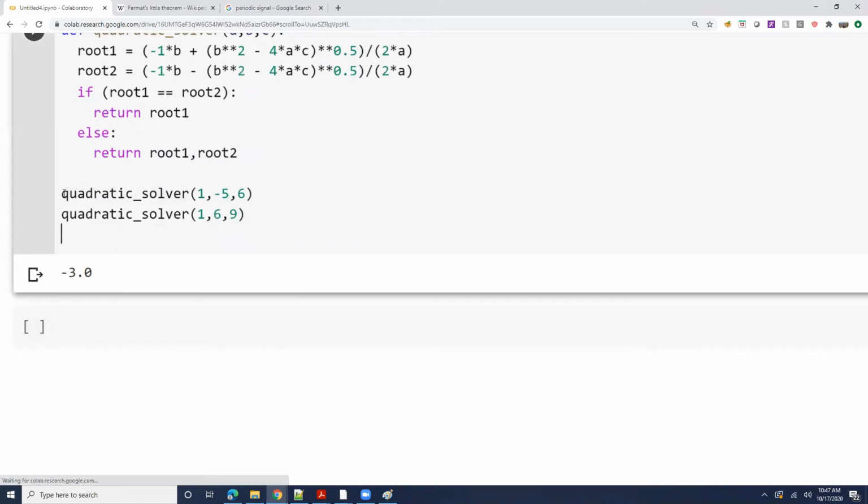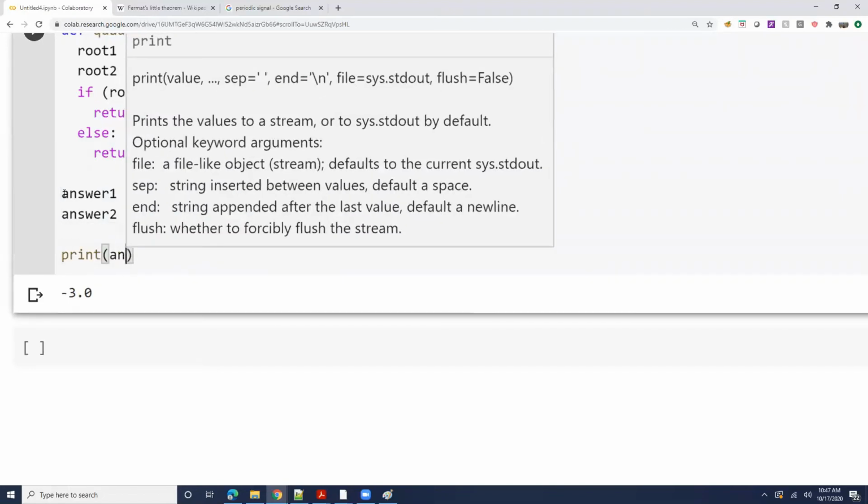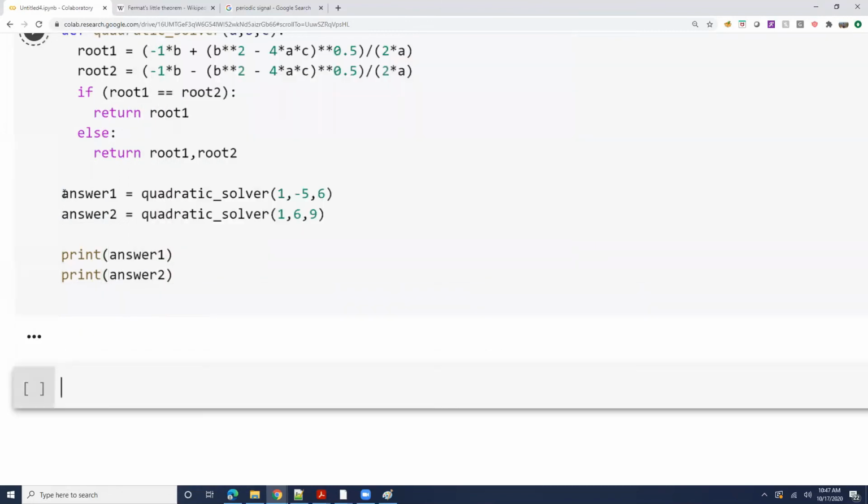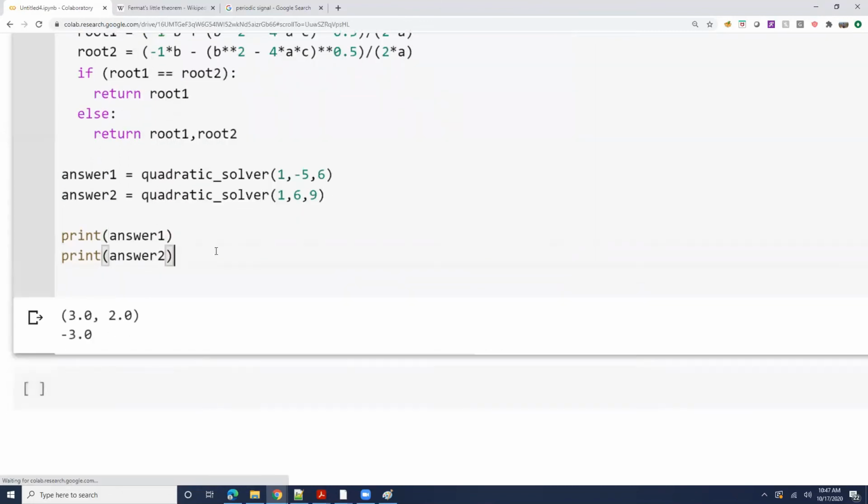So let's see if that's what happens. So this one is answer 1, answer 2, or actually fine. So we'll print answer 1 and print answer 2. The first one gives 3 and 2 as the answer, the second one gives -3 as the answer, right? Yeah, absolutely.